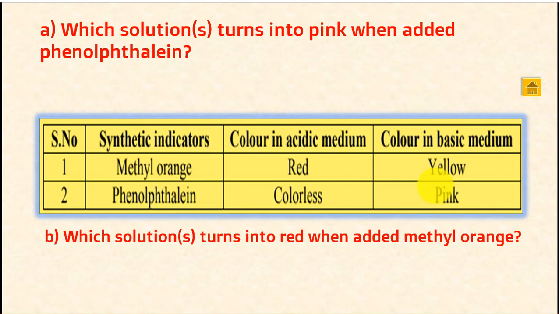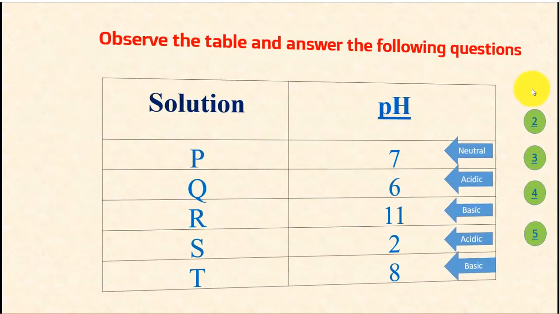So according to the question, if a solution turns pink with the phenolphthalein indicator, that means the solution may be basic. Now let us find from the question table which are basic.